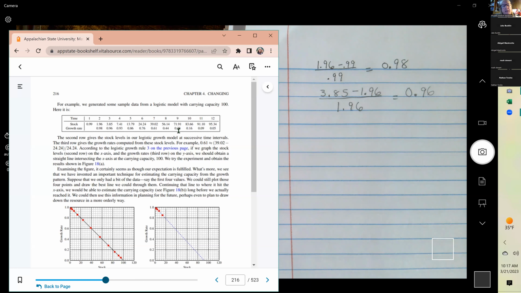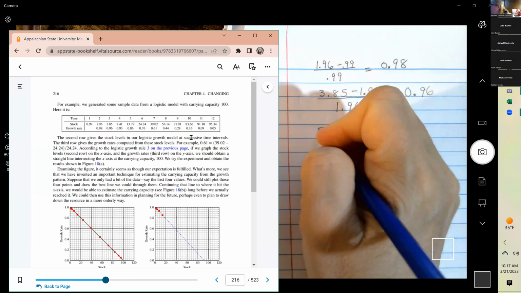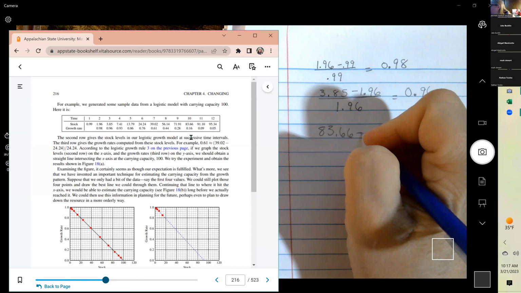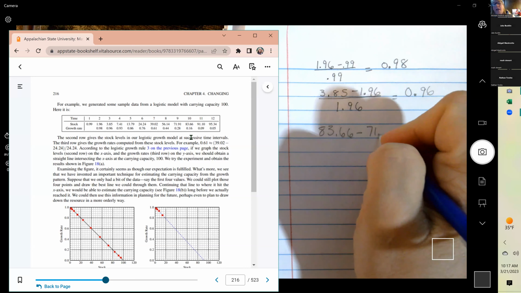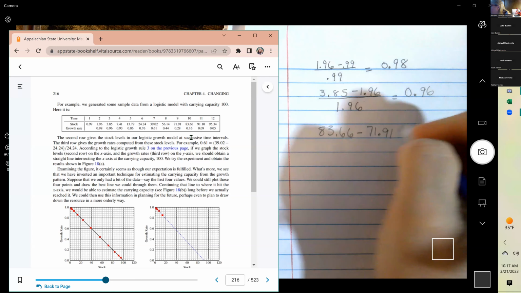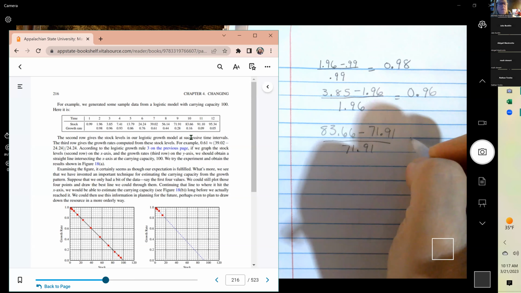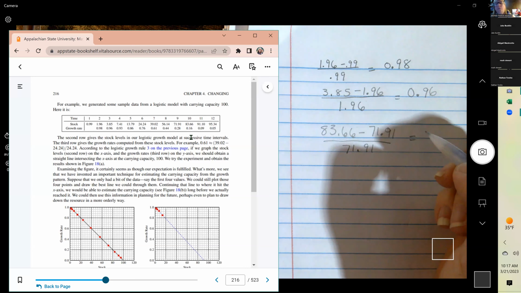If we look at 9 to 10, they got 0.16. You would take the 83.66 minus 71, the amount that was there in the time before, and divide by that same one, and we would get 0.16.